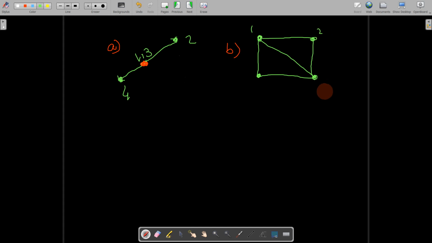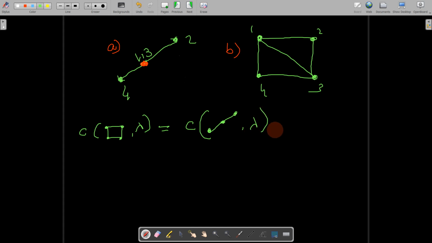So the chromatic polynomial for C4 using lambda colors can be broken into two smaller problems: the chromatic polynomial for this merged graph using lambda colors, plus the chromatic polynomial for this graph with an edge added, using lambda colors.